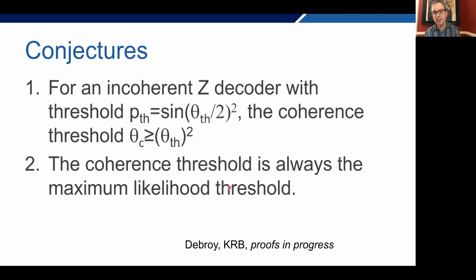And then this second conjecture I have less faith in, but based on looking at the numerics from the Bravi paper, it looks like even if you're not doing maximum likelihood decoding, the maximum likelihood threshold is the place which sets when the coherent errors are suppressed. Because that residual error you get from not having a perfect decoder, using Pauli corrections anyway, just really looks like an incoherent error. So those are two conjectures. They're not proven. We're working on it.